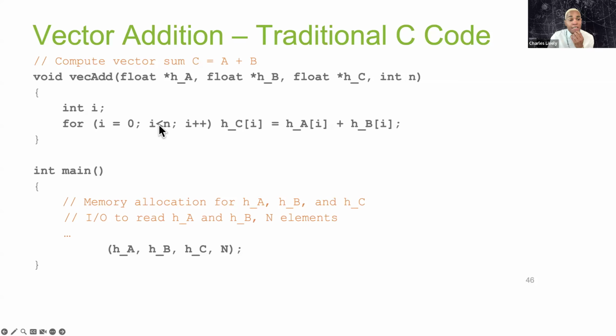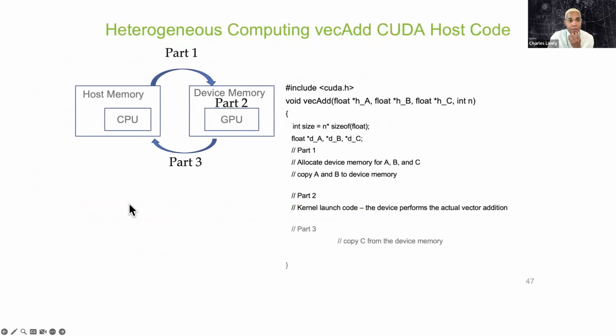So you're executing that addition from 0 to n minus 1, and for each index, the element from A and the element from B are added and stored into C. And so in memory, you just have that call to vector add occurring. And so now let's consider what is going to be happening in a heterogeneous type of environment for that vector addition.